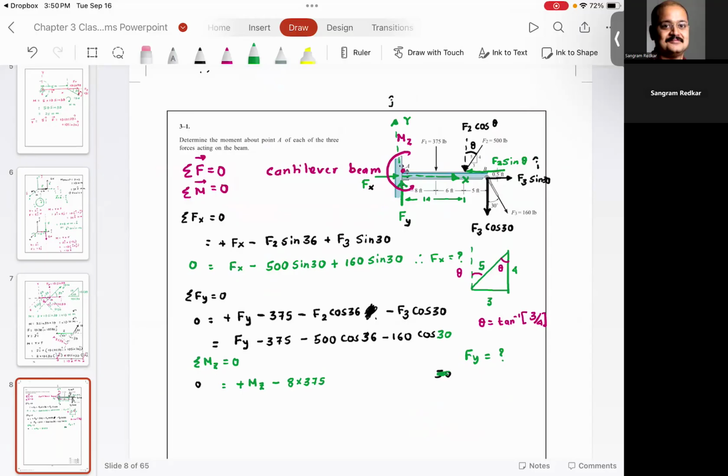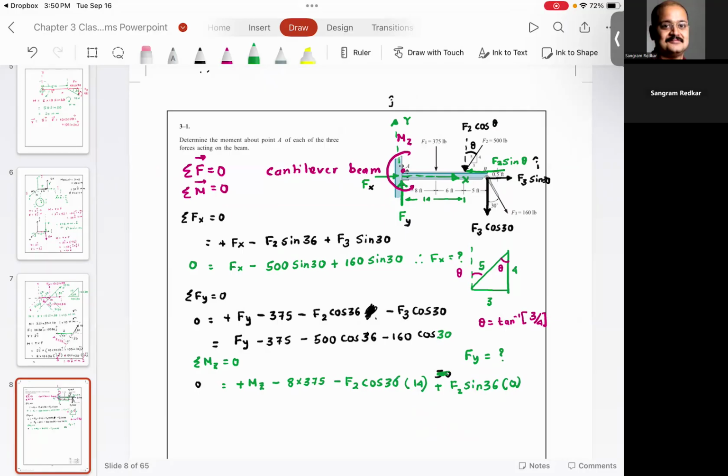So if you look at here, Mz, then you are going to have F2 cosine 36 multiplied by 14, then plus F2 sine 36 multiplied by 0. I just want to write this down.